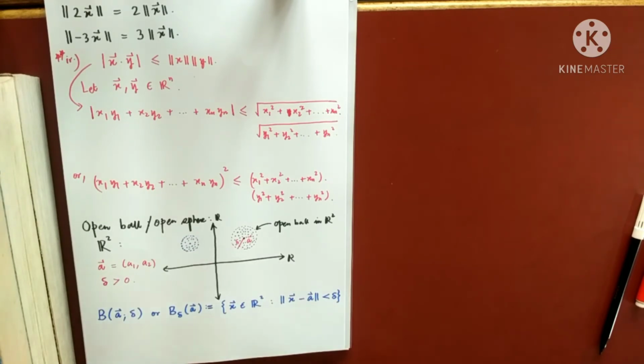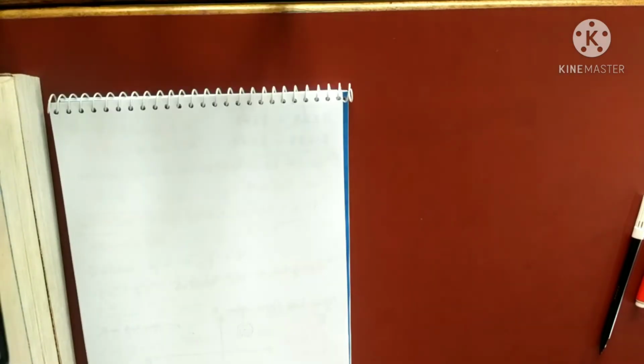Now let's simplify this part. I'm only talking about R2 now. I'll generalize this for Rn a bit later. So we are over R2.